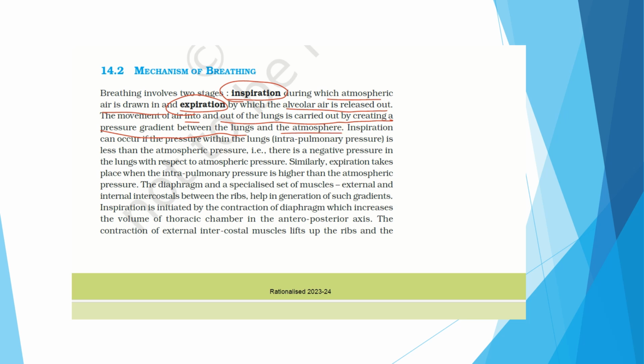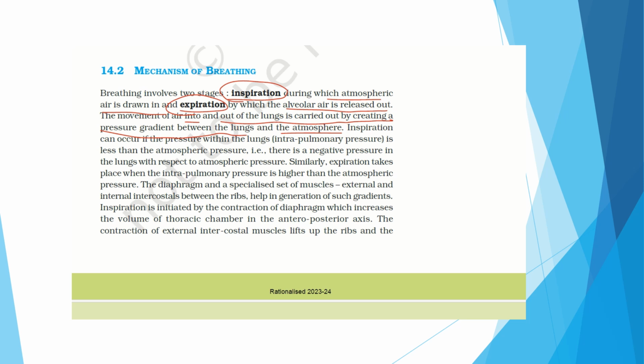It is a difference in pressure between the lungs and the atmosphere. When the outside pressure is less than the inside pressure, the air will move out of the lungs, and when the inside pressure is less than the outside pressure, the air from the atmosphere will gush inside the lungs. So this is the pressure gradient.